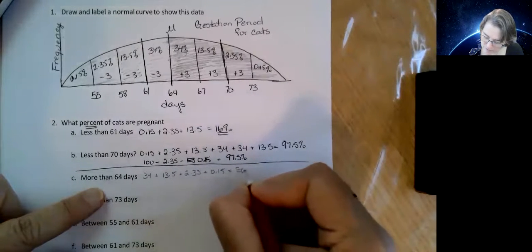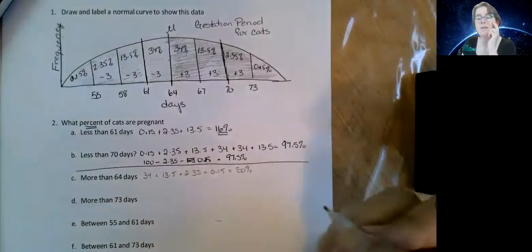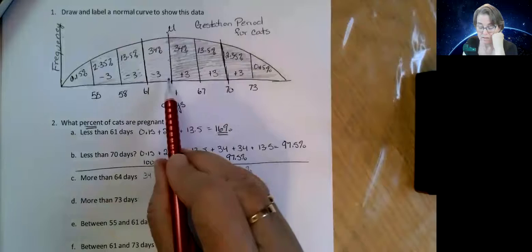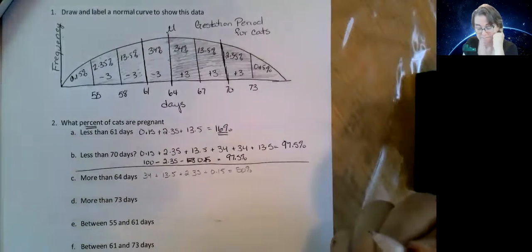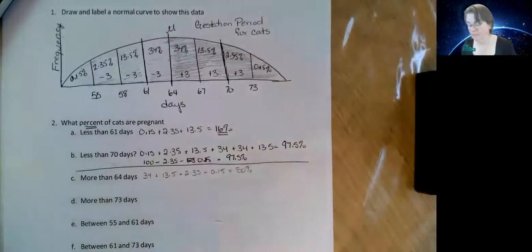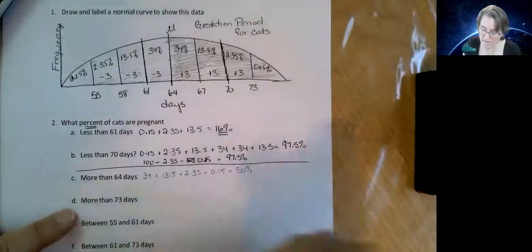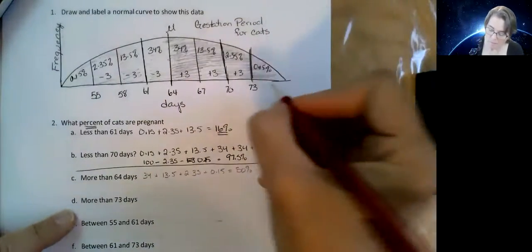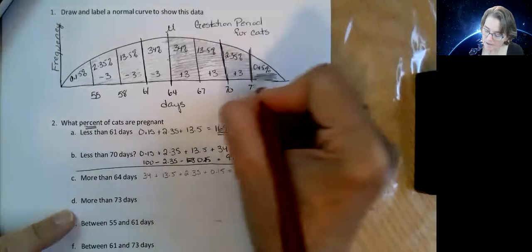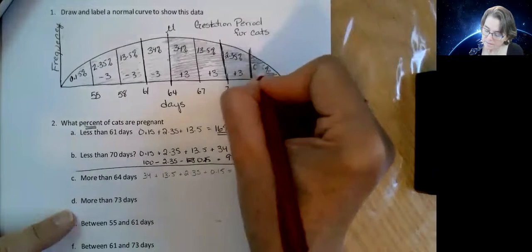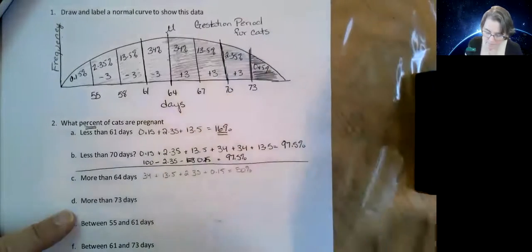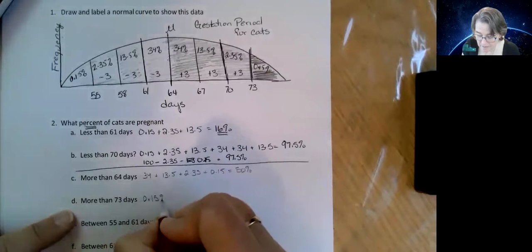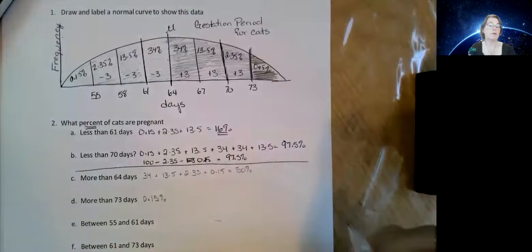And that's going to give me 50%. Or you really could just look at it and go, that's the mean, that's the middle, so half of that is going to be 50%. That'll work. Now, more than 73 days. So here's 73, and we want more than that. So that's just going to be 0.15, and those are percents. That's less than 1%.